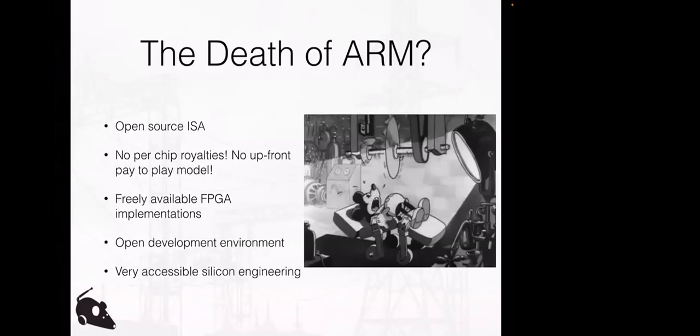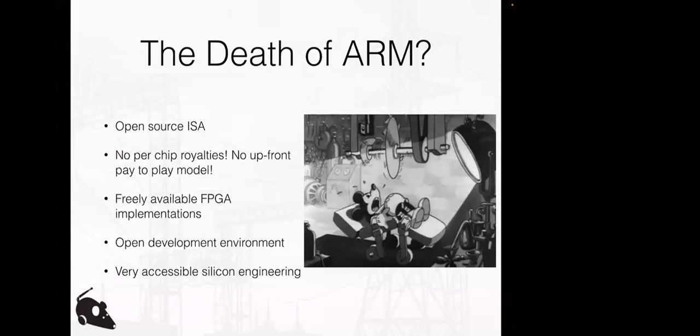So we have a fully open source ISA. And what I mean by that is you can take it and you can rebrand it, alter it a little bit, and publish your own version. So we actually have quite a few organizations that are building their own variants of RISC-V. We have absolutely no cost to play because it's open source, right?